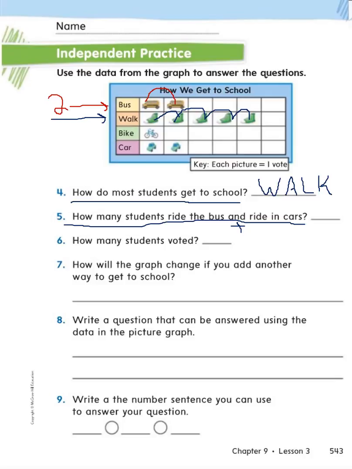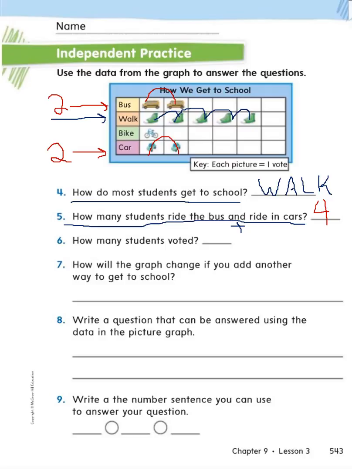And how many people ride in cars? 1, 2. No problem here. 2 plus 2 is 4.